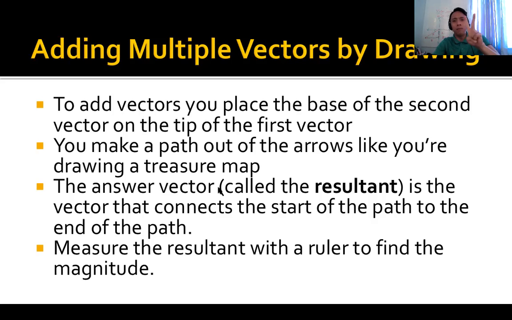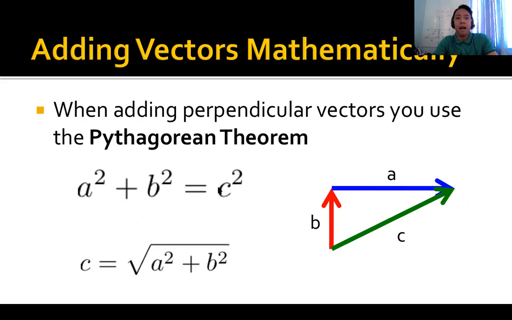Our second method will be adding vectors mathematically. It sounds difficult, but we will do it easily. So, paano nga ba mag-add ng vectors mathematically? Of course, you can see here the Pythagorean theorem.